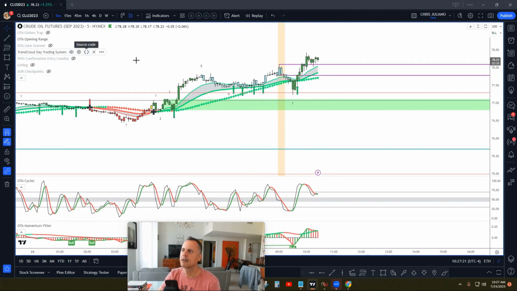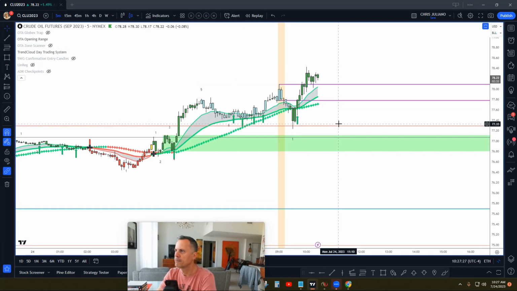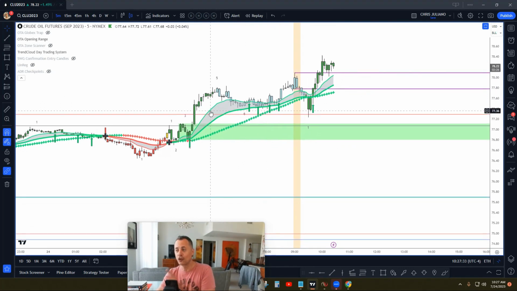Let's see. An extended trend, and Taylor and I were talking about this today in the XLT. We were talking about the trend does look extended, and he said it looks extended. This has been going on for a while now. Let's get a little bit more exact.